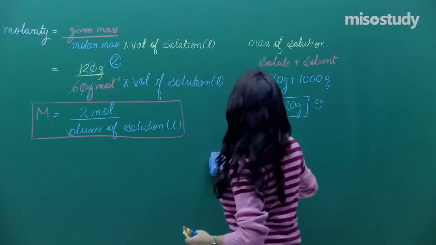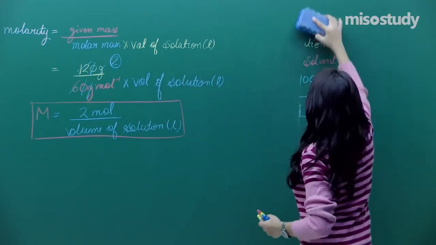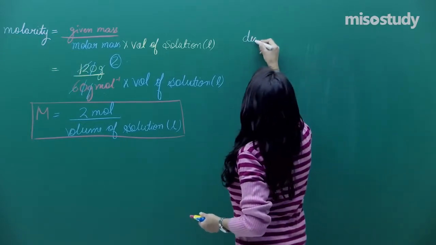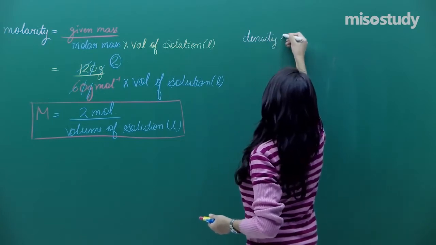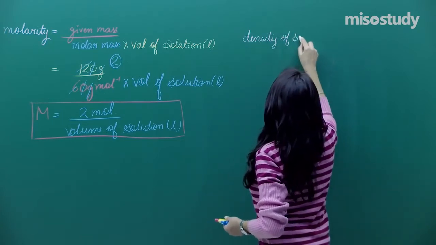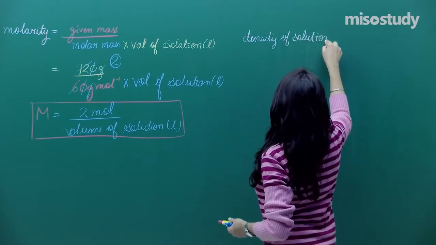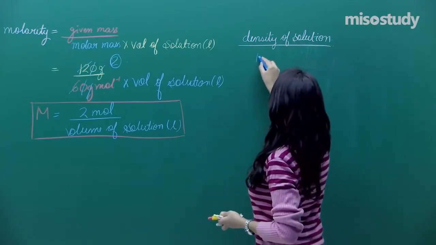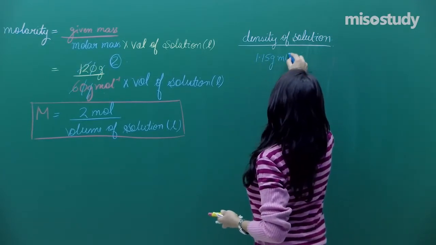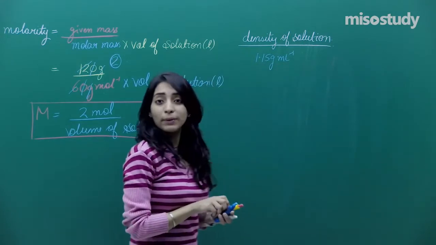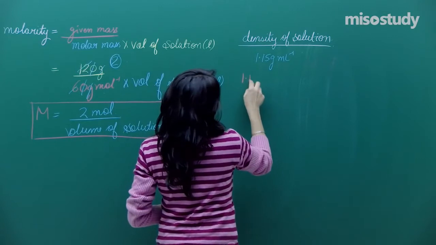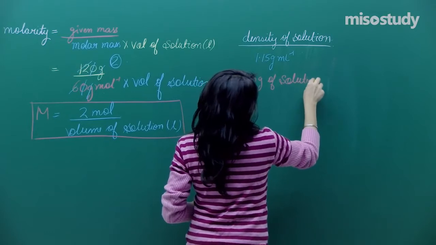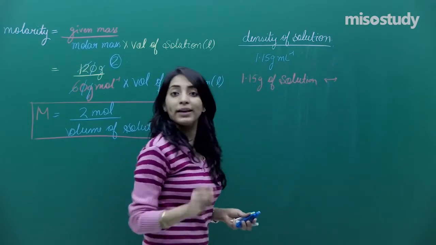Till this point I have simply got the mass of solution, but I wanted the volume of solution in liters. So the density of solution is given to me as 1.15 grams per ml, right? So if there is 1.15 grams of solution, then the volume will be 1 ml.